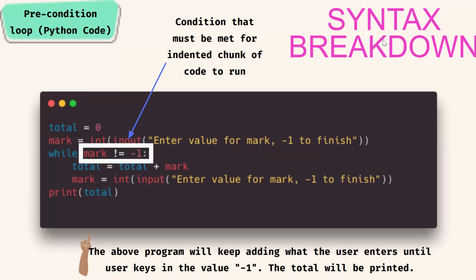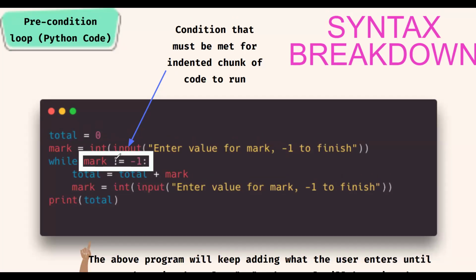A precondition means that whatever is under the while loop, do you understand what indentation means in Python? Understood. Good. So you see here that this is a condition. Before we even run the code under the while loop, we will check that this condition is true.